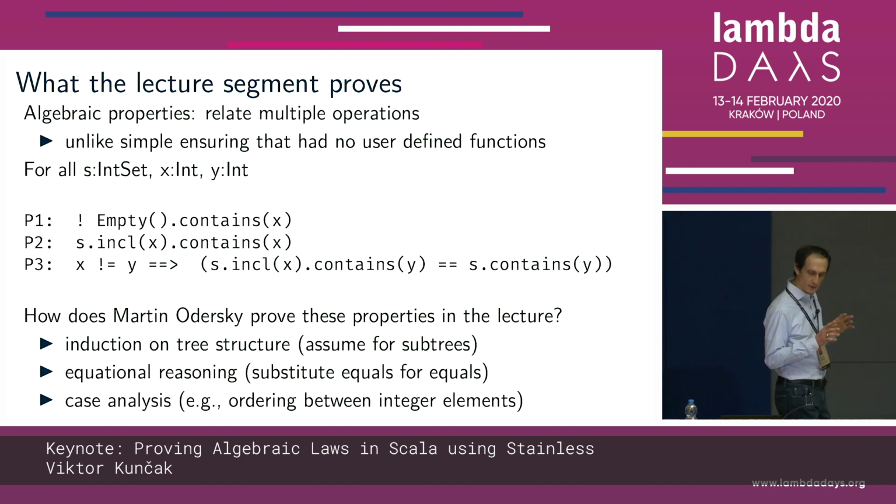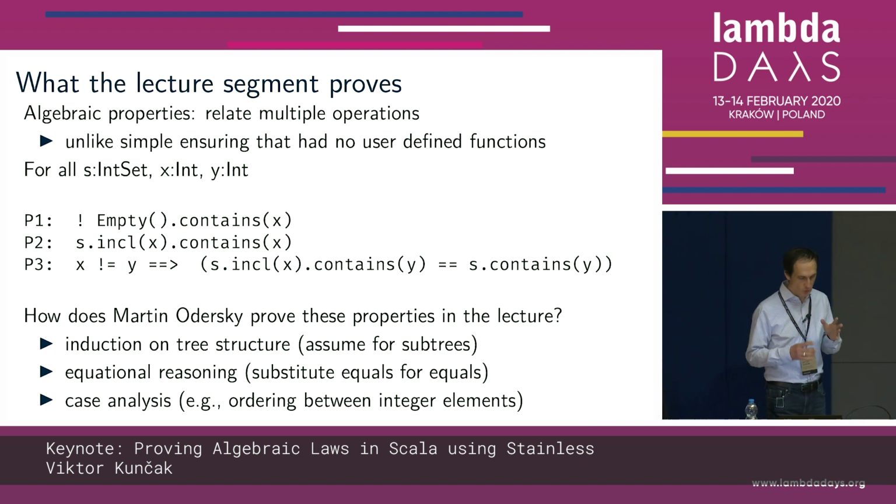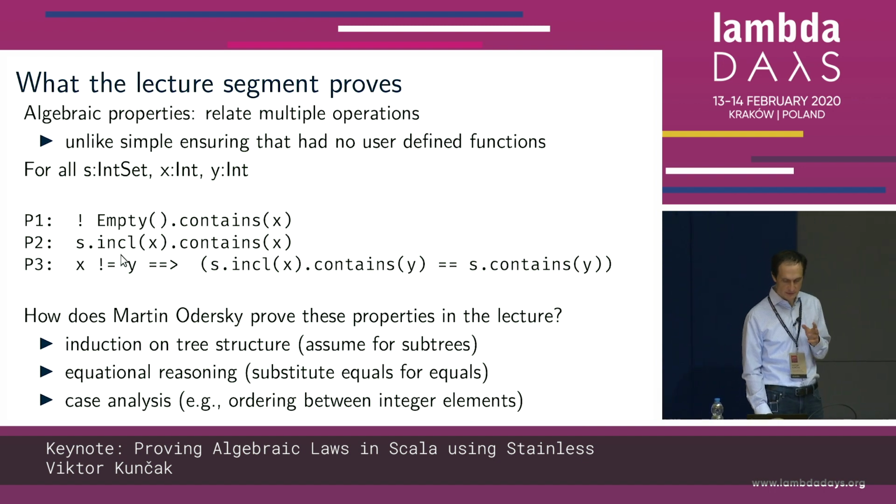Okay, and here's what this lecture segment proves. It proves these three algebraic laws: that the empty tree does not contain anything, so an arbitrary element x is not included in the empty tree, and that if you add an element into some set, then it's contained in it.